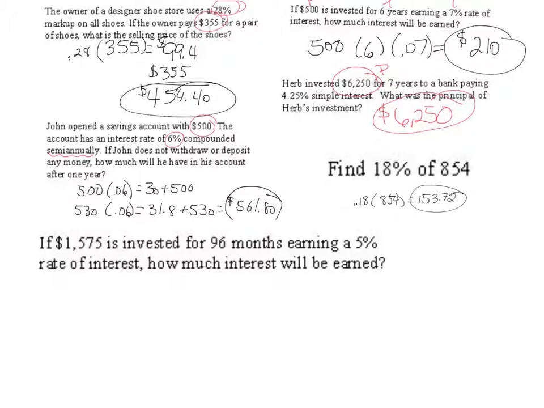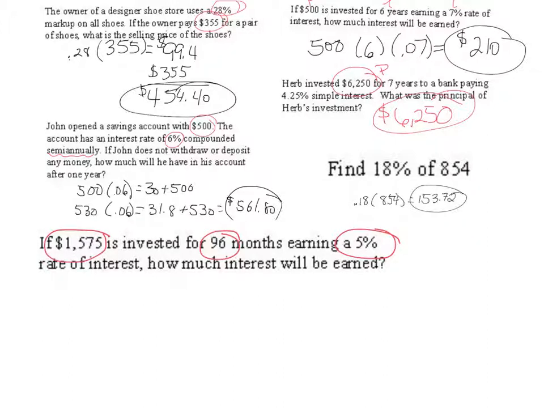If $1,575 is invested for 96 months, earning 5% rate of interest, how much interest will be earned? Okay, they didn't tell us that they wanted us to do simple interest, and it's compounded annually. Those 2 things I would have added to the problem.